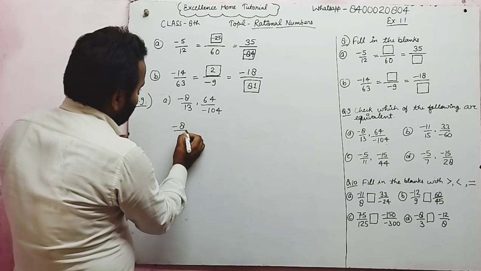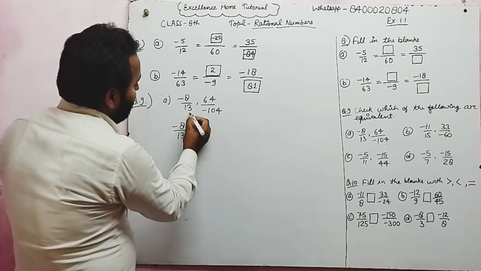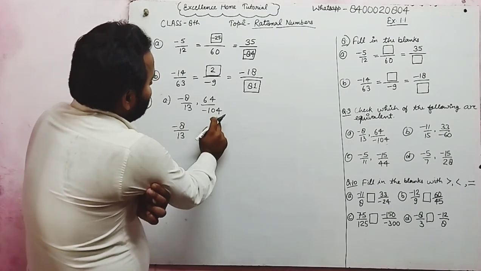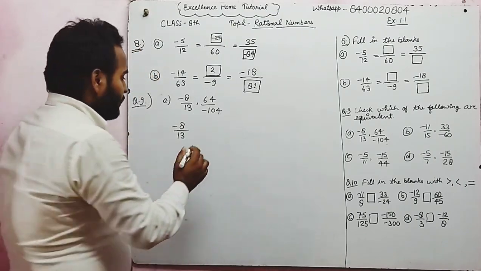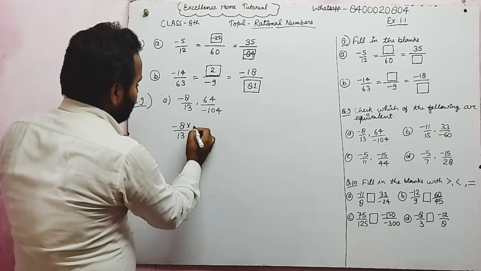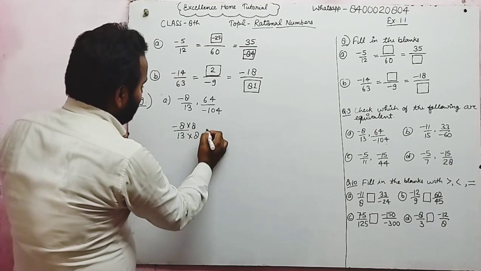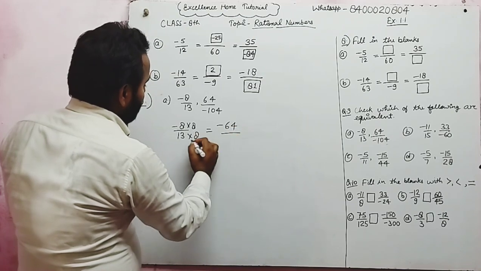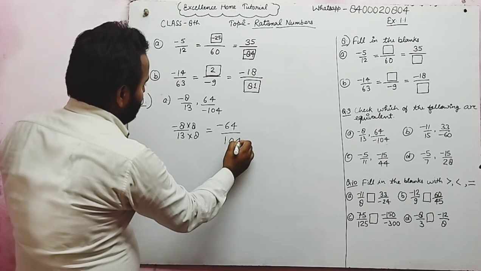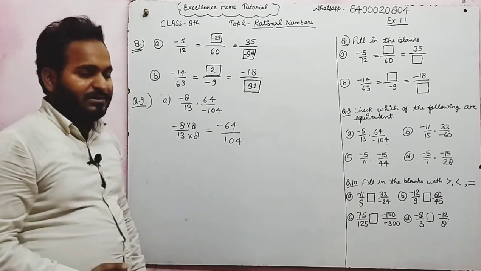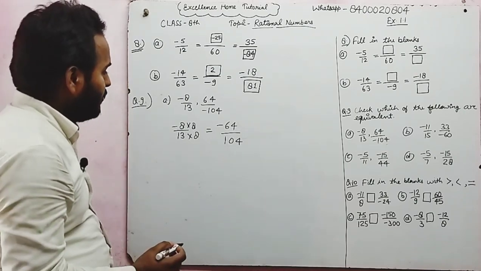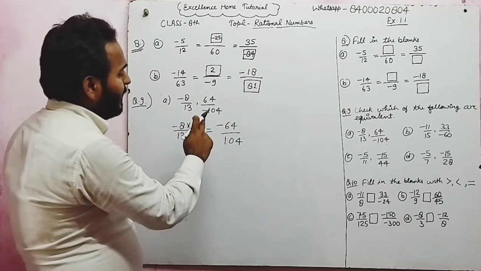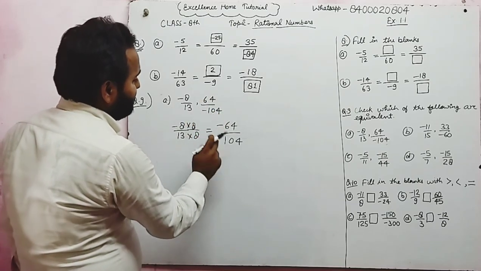Minus 8 by 13. 8 times 13 is 104, so we have to multiply this by 8 and this becomes 64 and this is 104. So we can see that this is 64 by minus 104, and this is also the same.